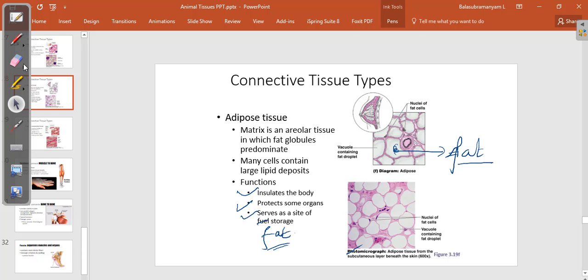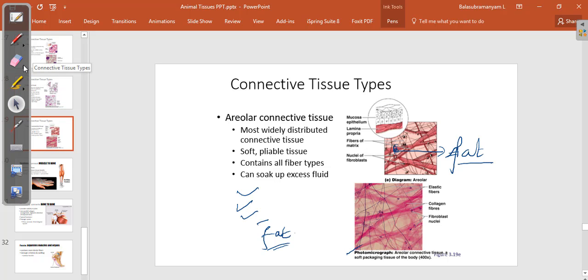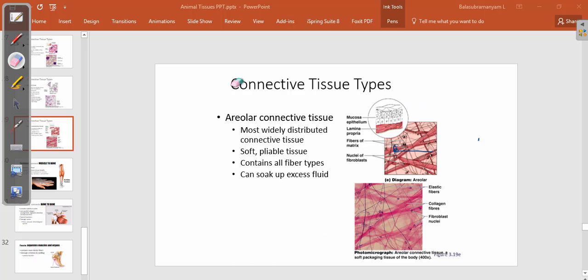Okay, adipose tissue is over. Now the areolar connective tissue. The areolar connective tissue has a lot of components here: the fibers of the matrix, the nuclei of fibroblasts, and then the mucosa epithelium. It is a three-dimensional structure.